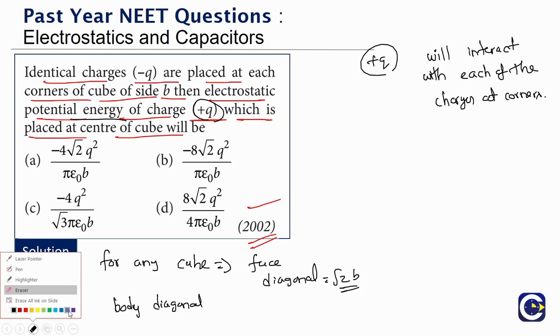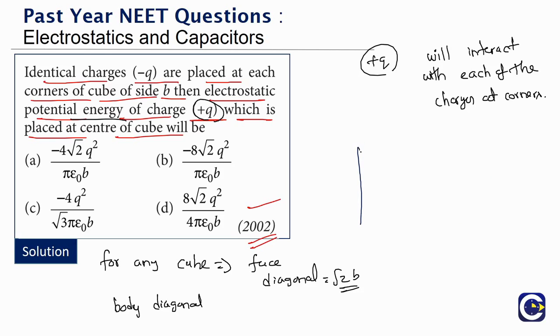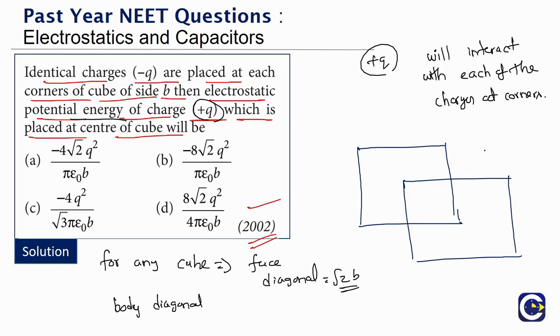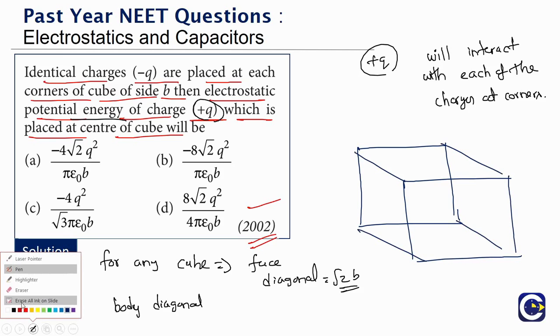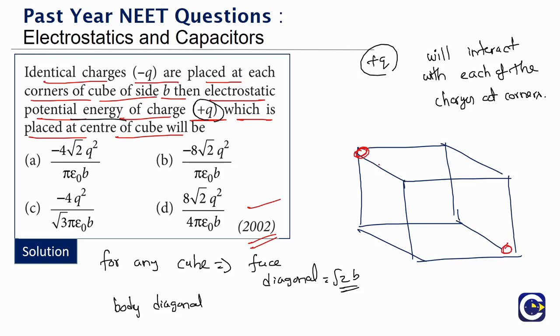That is what we call the body diagonal. So if you have a cube like this, the body diagonal will be from one corner to exactly the opposite corner. This will pass through the center.